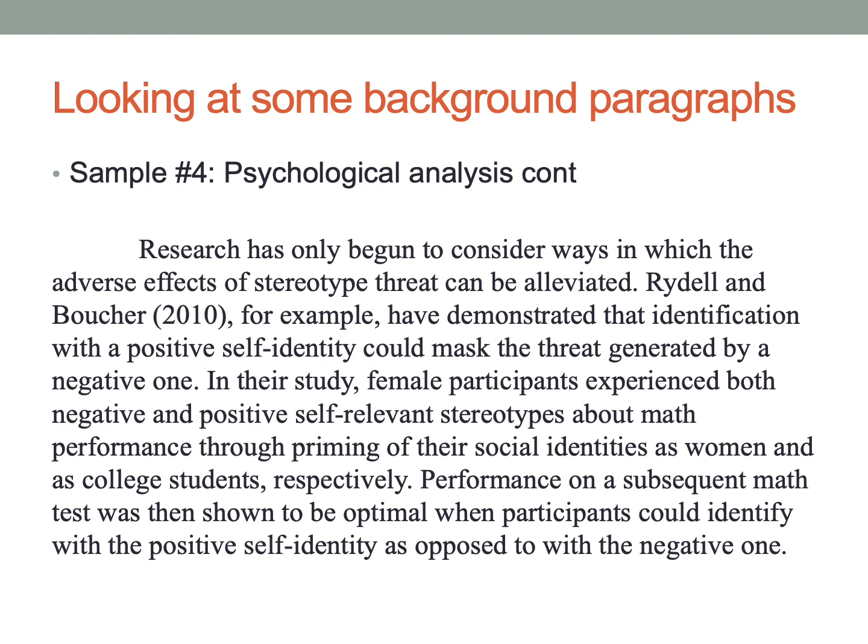That there is a term that possibly could be defined in this section, of their social identities as women and as college students, respectively. Performance on a subsequent math test was then shown to be optimal when participants could identify with the positive self-identity as opposed to the negative one. And so now we're getting more context about what this literature review will be about.